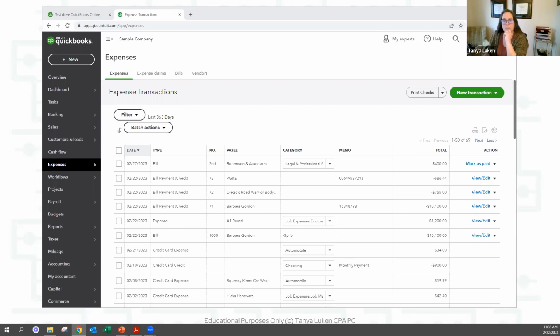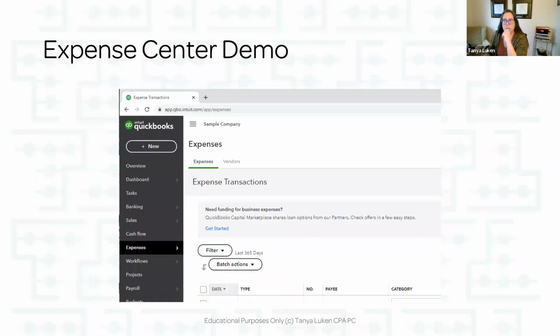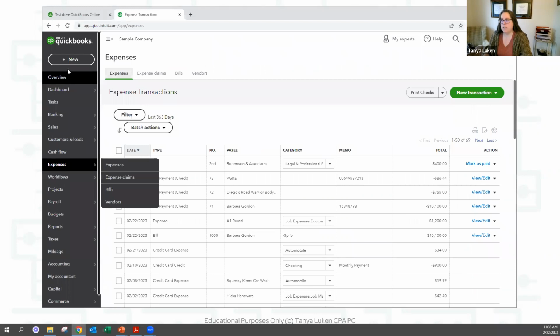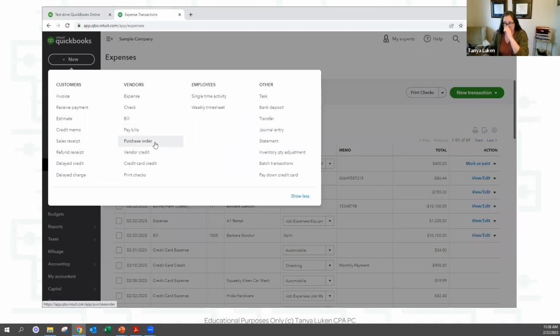Okay, so we talked about the expense center, which I don't use particularly much, and how to pay bills. And then we are going to talk about customers and sales tomorrow. So let me show you one other thing. I want to talk really quick about your purchase orders here.